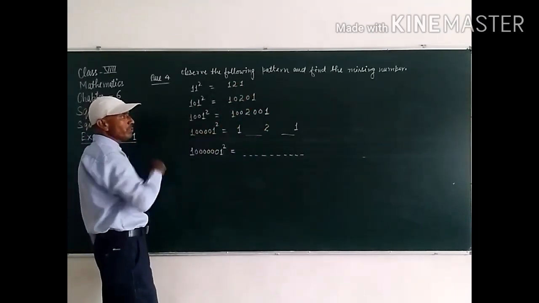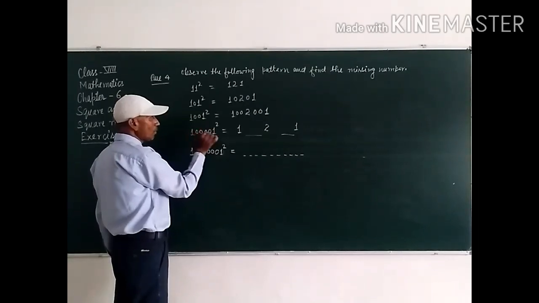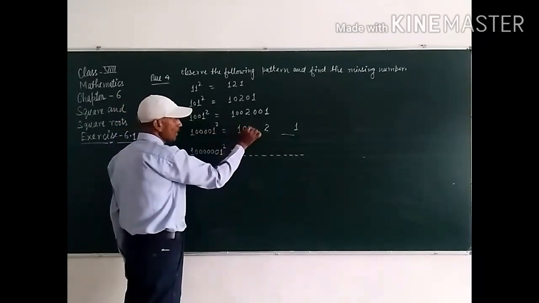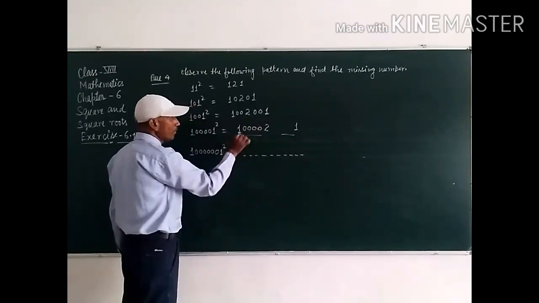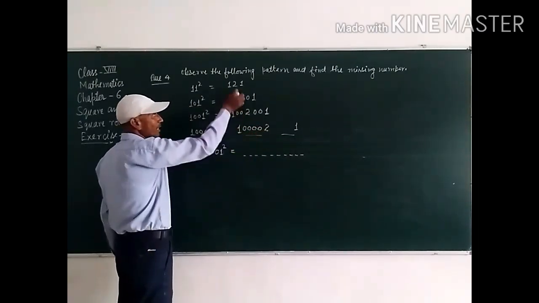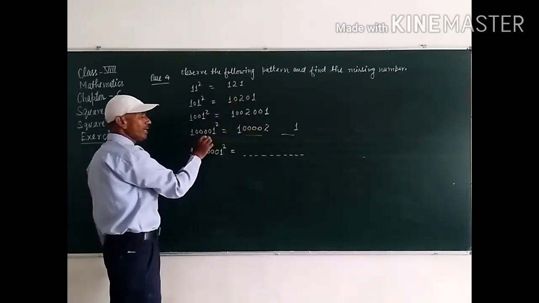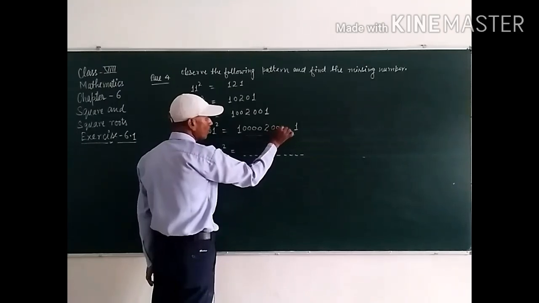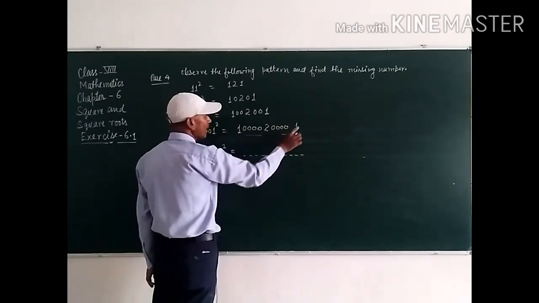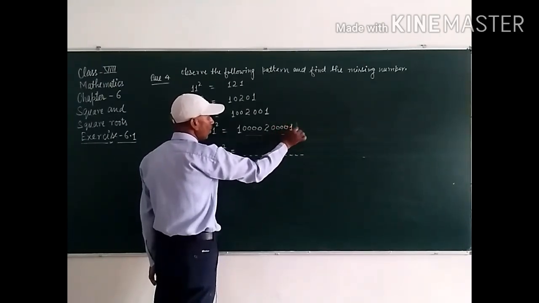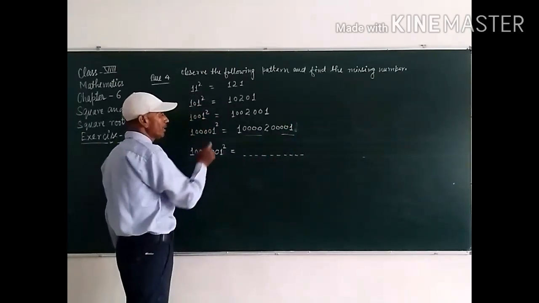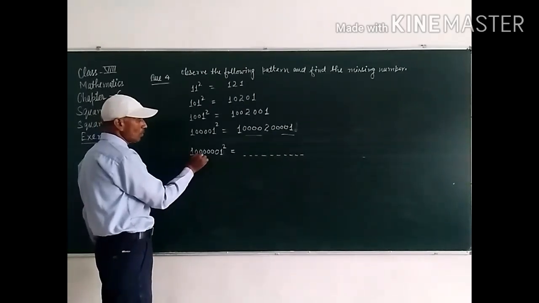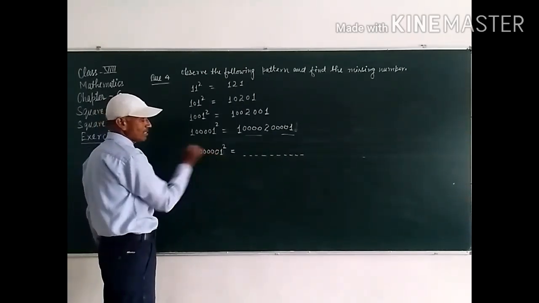If there are 4 zeros, so 1 followed by 4 zeros, so in square of this number it will also be 1 followed by 4 0, after that 2 followed by 4 0 again, 1 2 3 4, and after that this number will be 1. Clear, student? This will be the square of this number and in this there are 1 2 3 4 5 6 zeros.